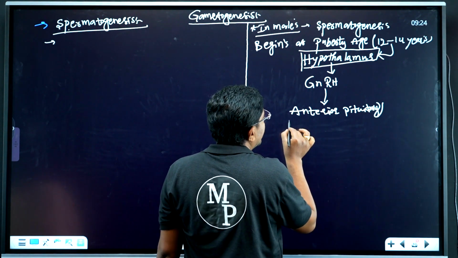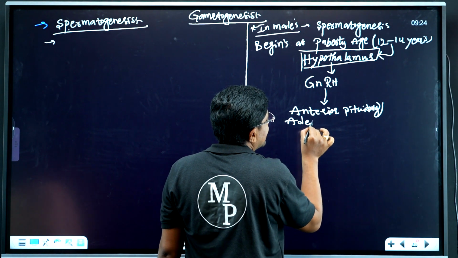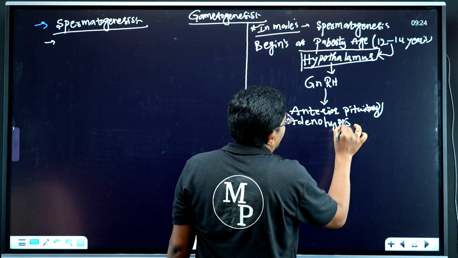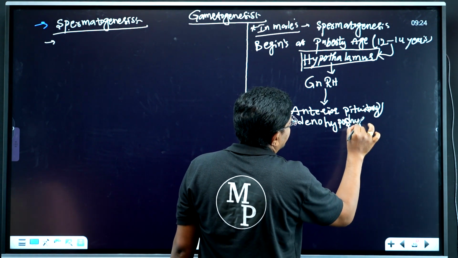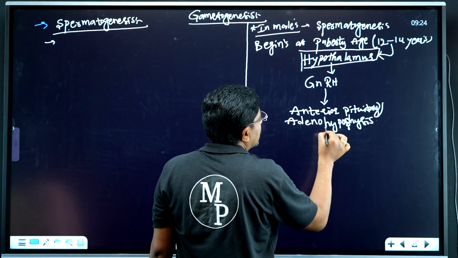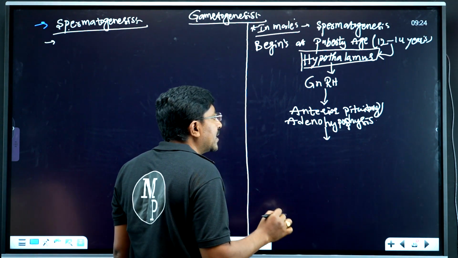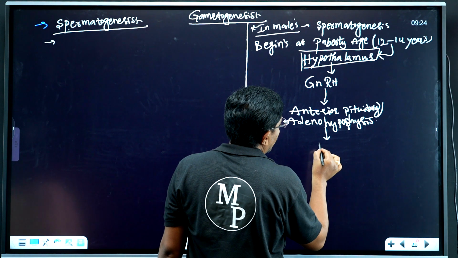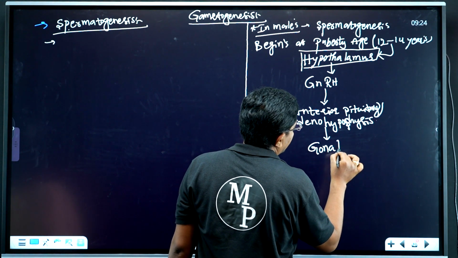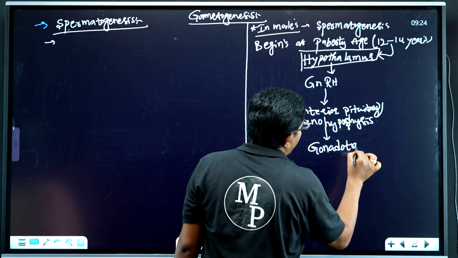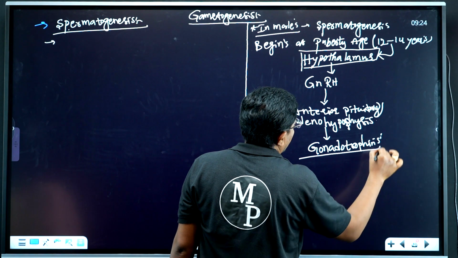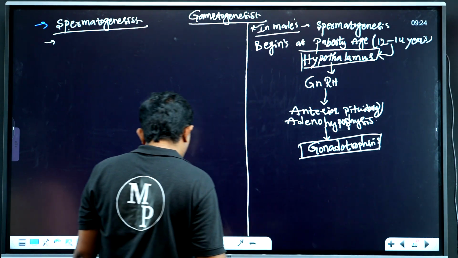This anterior pituitary is also called the adenohypophysis. Now this anterior pituitary releases gonadotropins.